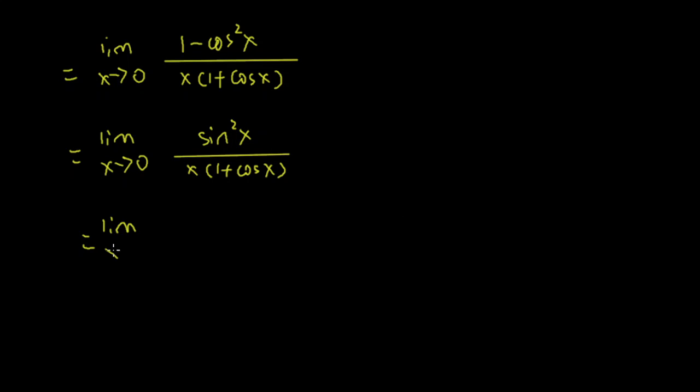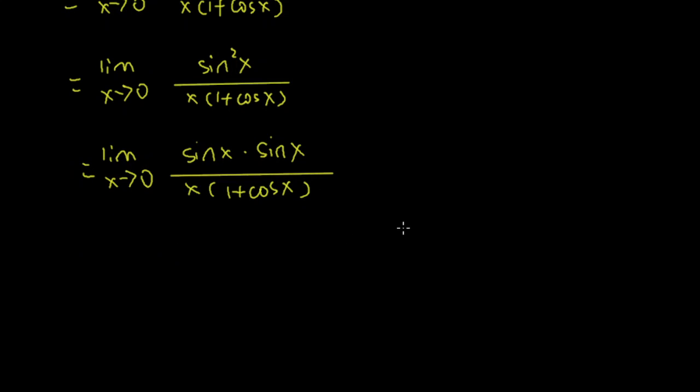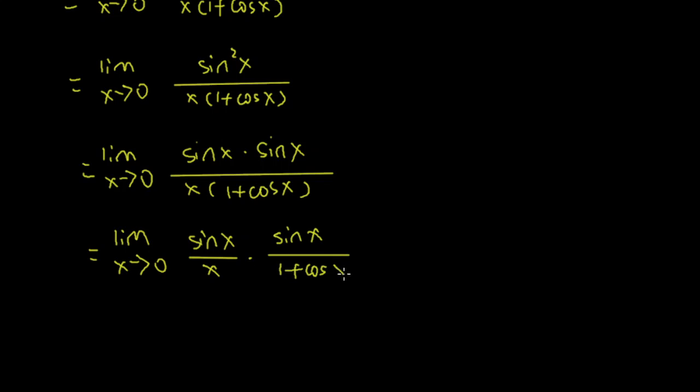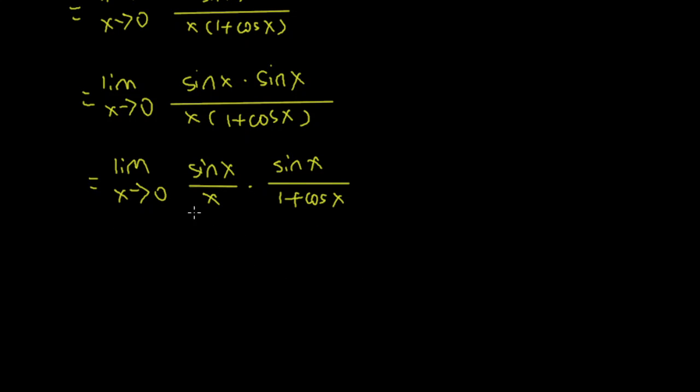That's equal to limit as x approaches 0, sine x times sine x over x times 1 plus cosine of x. Now, I can break up this product, right? Which is limit as x approaches 0, sine x over x times sine x over 1 plus cosine of x. Again, distribute the limit to both terms according to the property of limit.